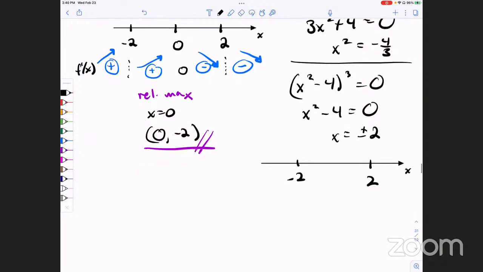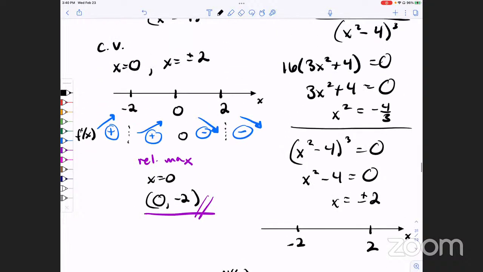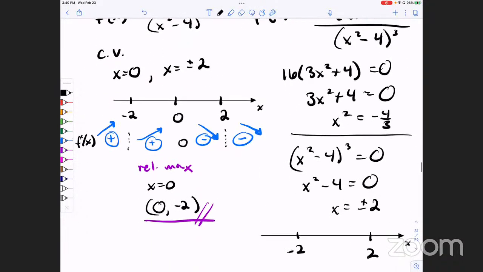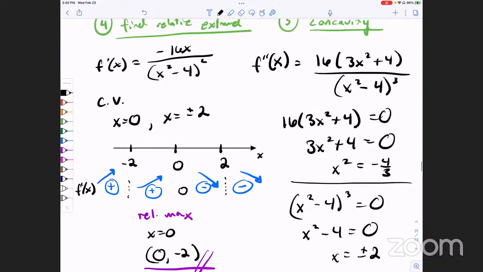So then we need to choose test intervals and evaluate them in the second derivative. So for instance, if I take that -3 and plug it into the second derivative, let's see, I think all of this is going to be positive.